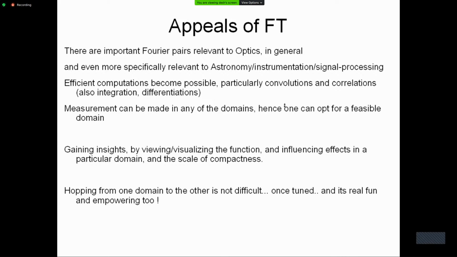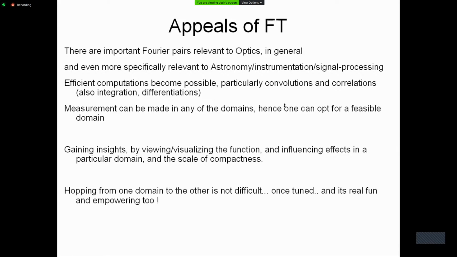You can also correspondingly do integrations and differentiations, which translate to multiplication by the coordinate value or division by the axis value. Those are details which we may or may not go into, but certainly we'll look at convolutions and correlations in somewhat greater detail.